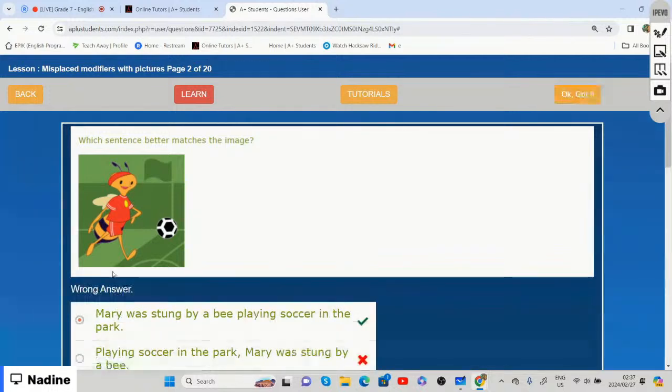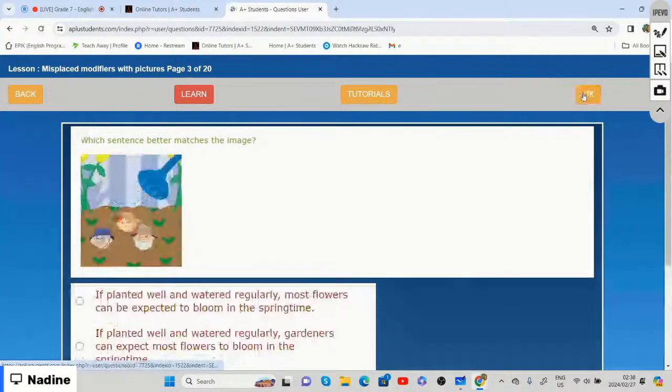So we basically need to match the picture directly with what the sentence says. Well done, is it Michelle? Michelle, you were correct. I thought we needed to put the correct sentence, but it seems we need to put the sentence that matches the specific picture.